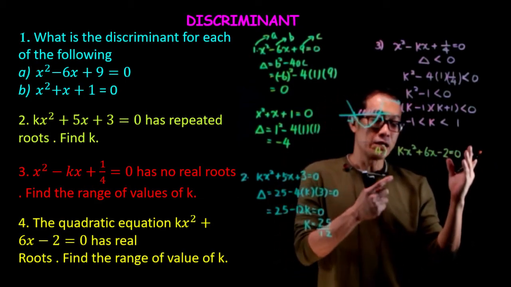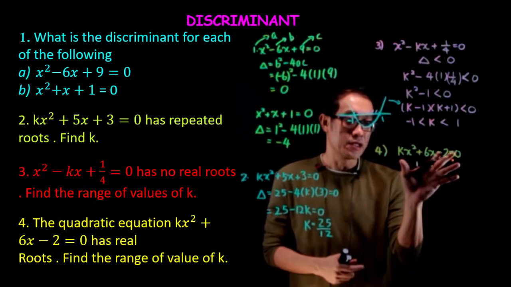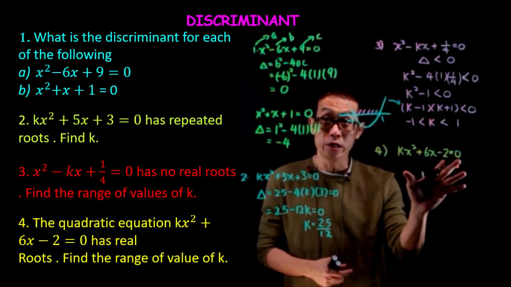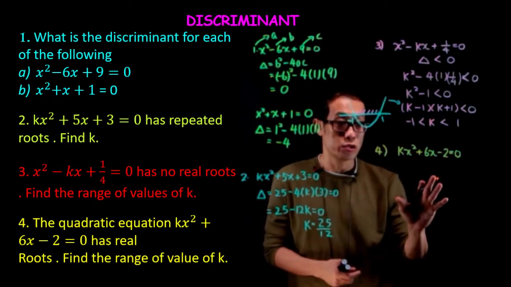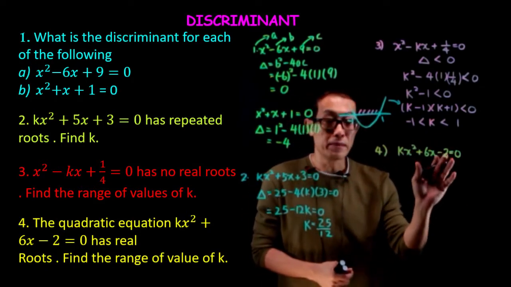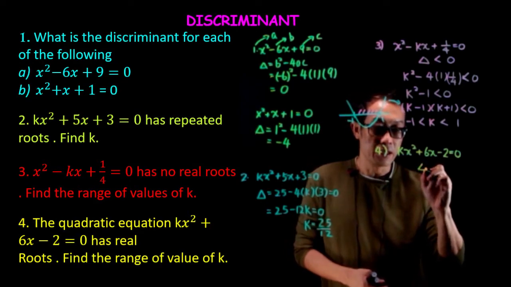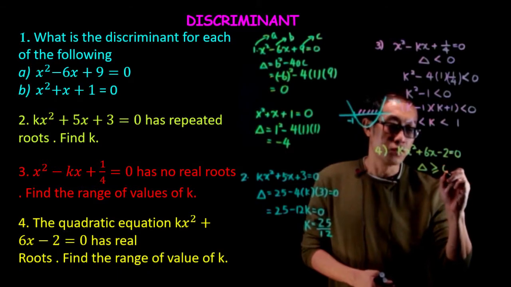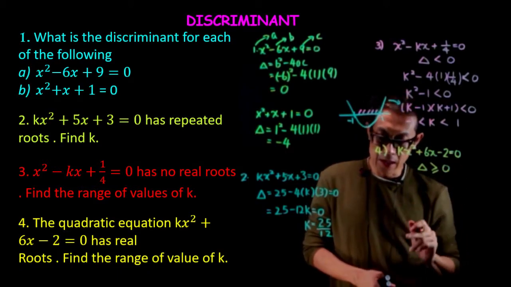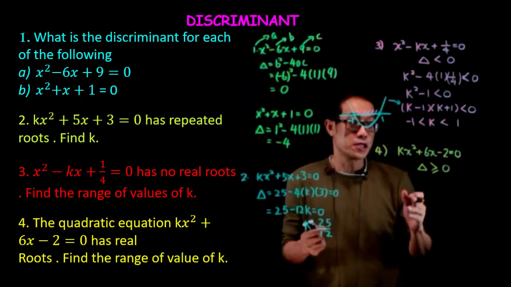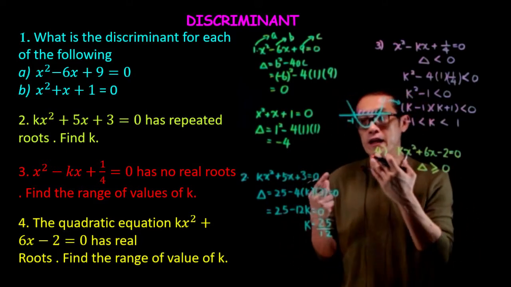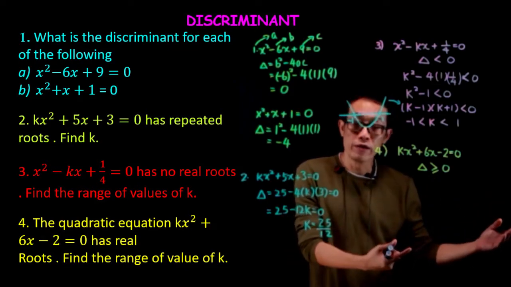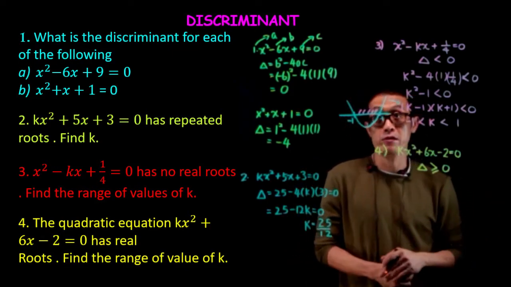It states in the question that this is a quadratic equation and it has real roots. If it has real roots, that means your discriminant must always be greater than or equal to 0. Remember the equal sign. Because it has real roots, it can have repeated real roots or 2 different real roots, that means distinct real roots.